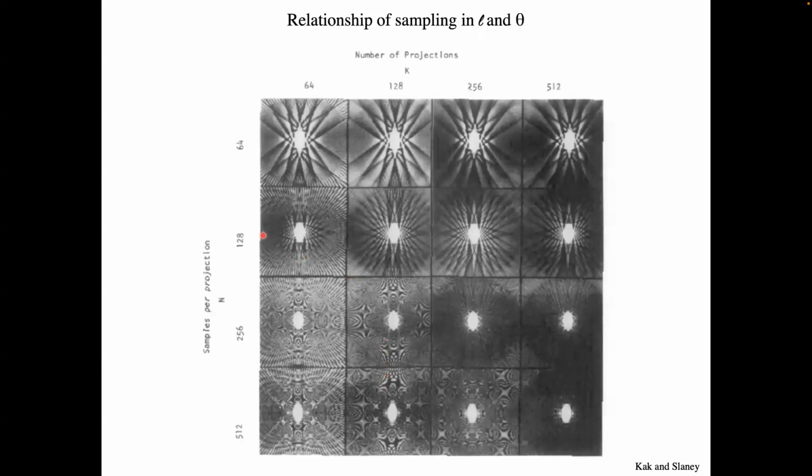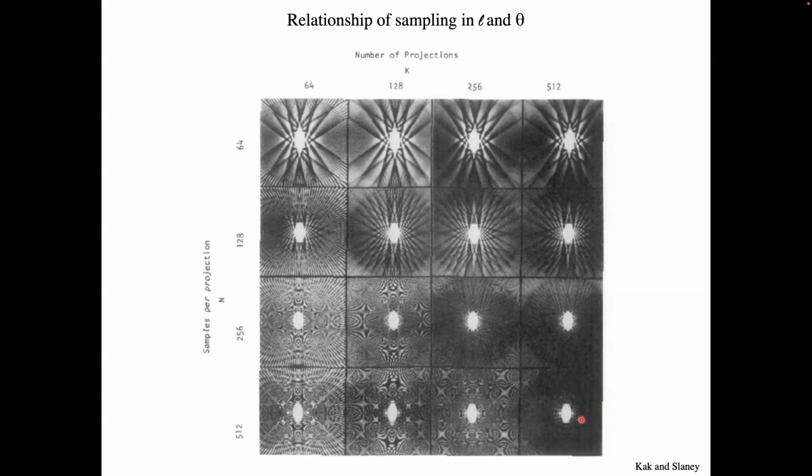And similar to what we just looked at, only with a much simpler object and much more severe undersampling, we have the number of projections in this direction, and we have samples per projection in this direction, right? So let's say we do 512 projections and we have 512 samples, we get this picture, right?